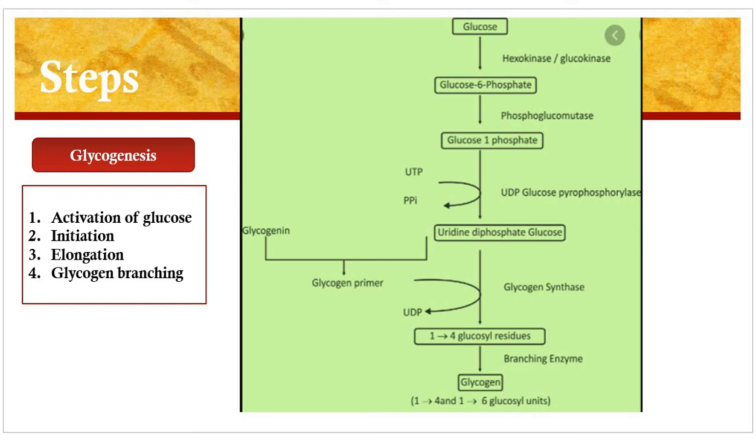Now the glycogen synthase can add glucose units only in alpha 1,4 linkage.